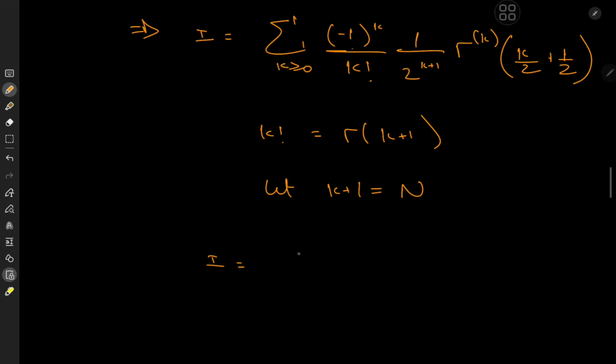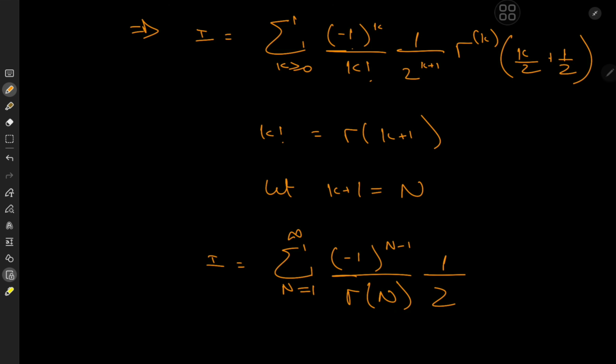So now we have I being the sum over the positive integers n of -1 to the n minus 1 over gamma n, which is dope, I guess, times 1 over 2 to the n, times the derivative of the gamma function of order n minus 1 at n over 2, and that does include the gamma function itself at n over 2.